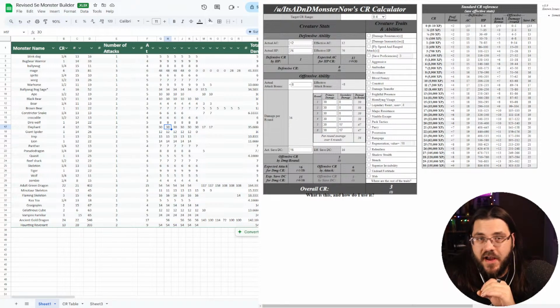What do I want? Revised 5e builder. And then sort and filter, custom sort by monster name A to Z. That's not actually what I want to do though, is it? I want to sort by CR, smallest to largest. That'll do the job.